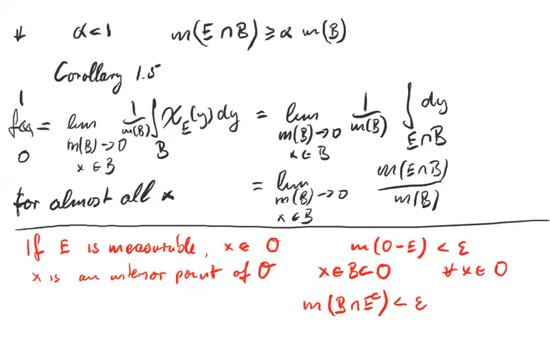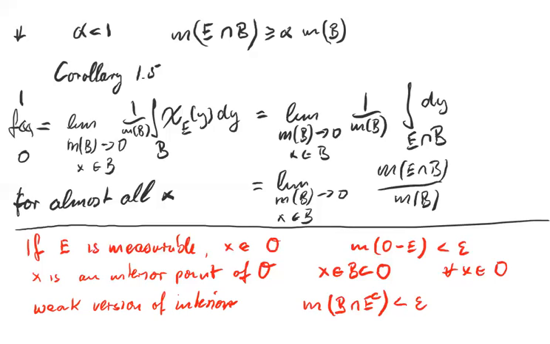Okay. So again, the Lebesgue density is a weak version of interior point. And when I say weak version, I mean that's something which happens almost everywhere.